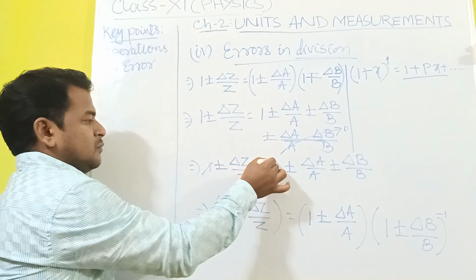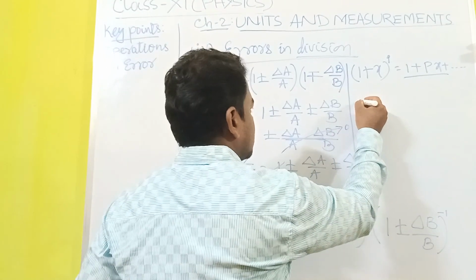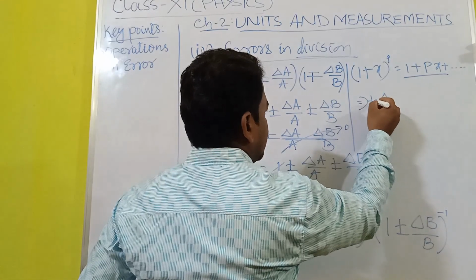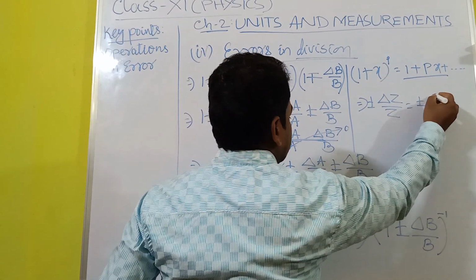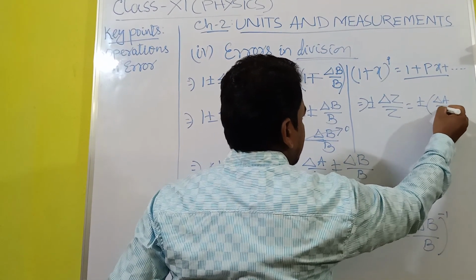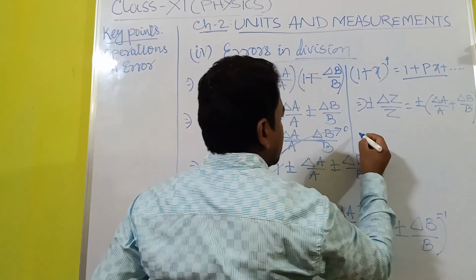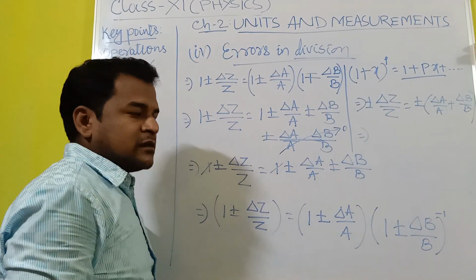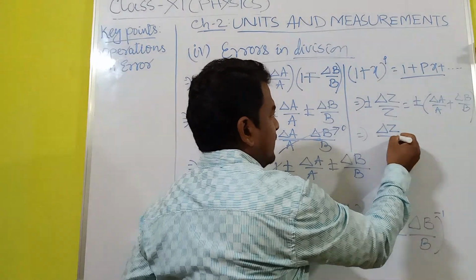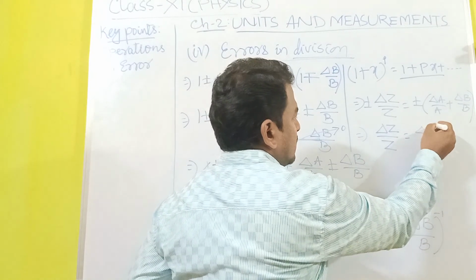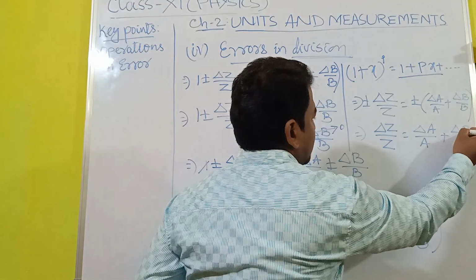Now in both the sides we have cancelled out 1. Now how much left? Plus minus delta z by z equal to, taking plus minus common, delta a by a plus delta b by b, cancelling in both the sides the plus minus symbol. Finally we are getting delta z by z equal to delta a by a plus delta b by b.